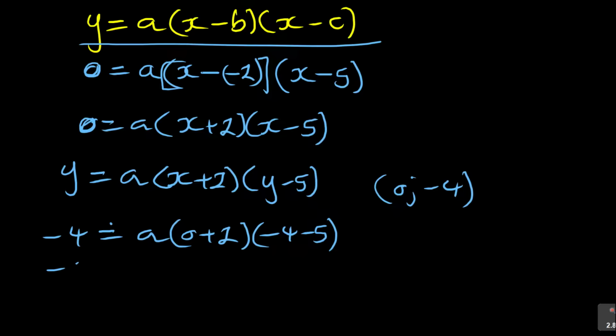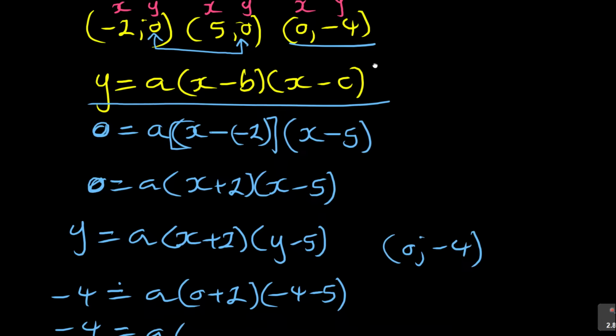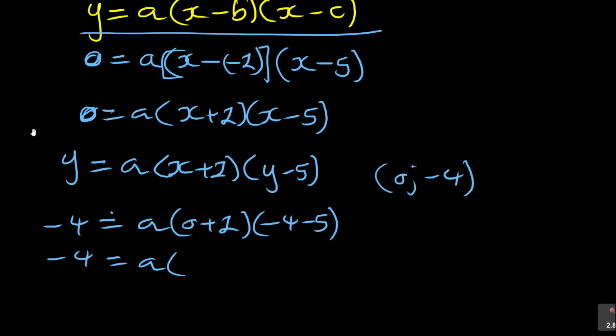Let me correct here, I wrote this wrong. It's x plus 2, x minus 5, so it's minus 4 equals a, 0 plus 2, and x is still 0, minus 5, because it's x minus 5.